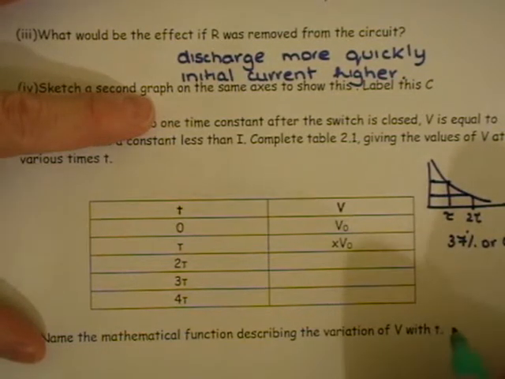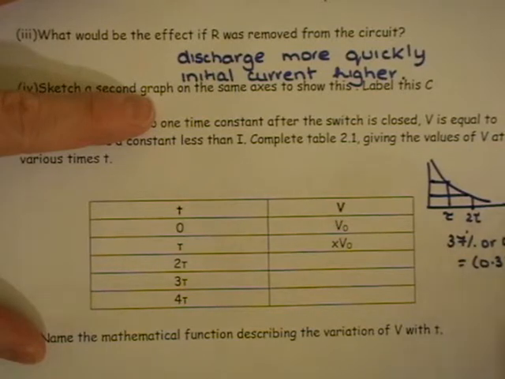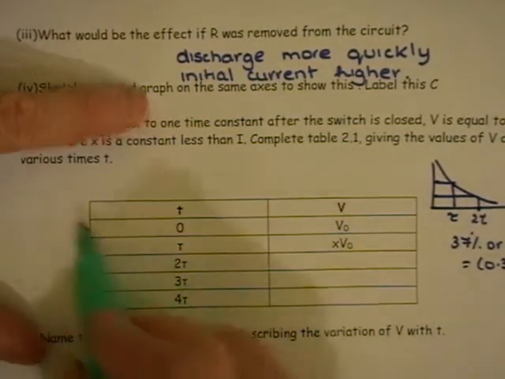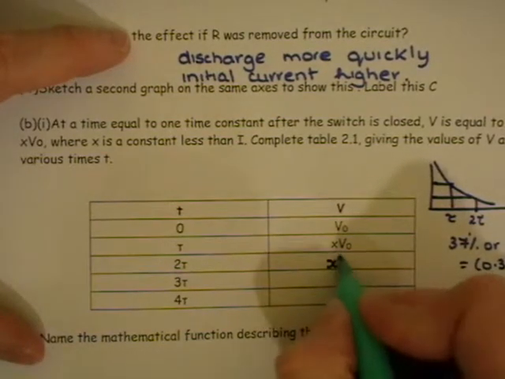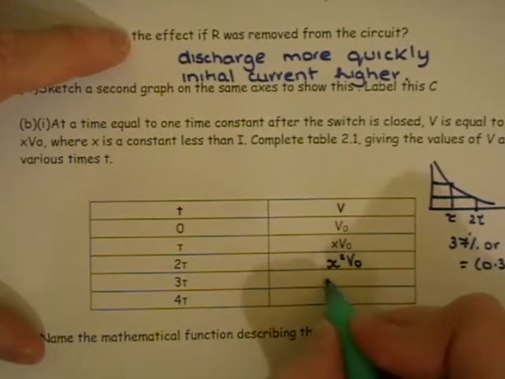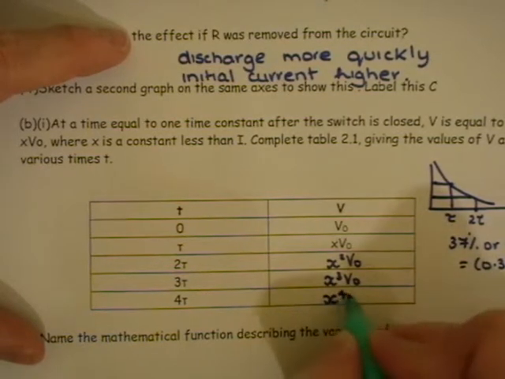So it's 37% of 37%, or that would be equal to 0.37 by 0.37 or 0.37 squared. And so if we're calling this x in this question, then we're going down to x squared V0. And so on, then it goes to x cubed V0, x to the 4 V0.